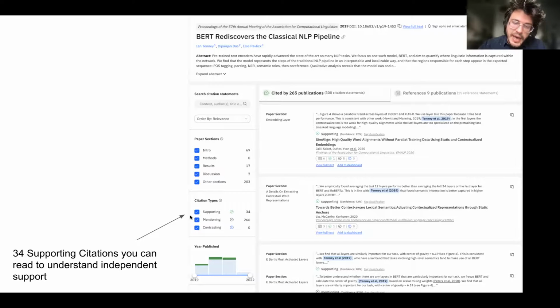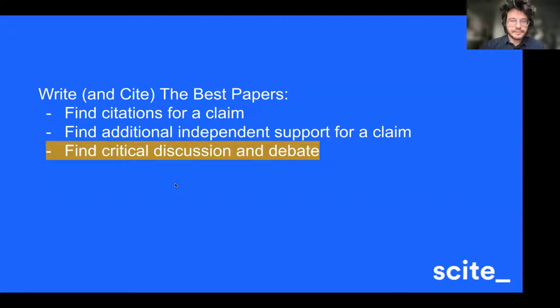So really the power here in Scite reports, once you've found a source of a claim that you've searched for, or how a claim's been discussed, is whether or not there are independent supports. And there being 34 supports, though they're not all full replication, is a very, very good indicator of the strength of a claim.